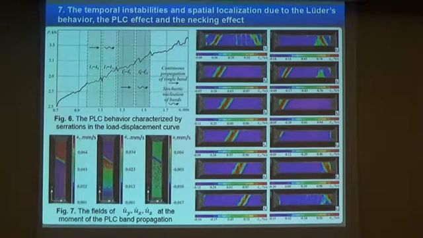During further loading, we can observe the Portevin-Le Chatelier effect, as you know. So we performed a big number of tests to analyze the different types of band initiation and propagation. There are two examples of the continuous propagation of a single PLC band and the stochastic nucleation of bands.